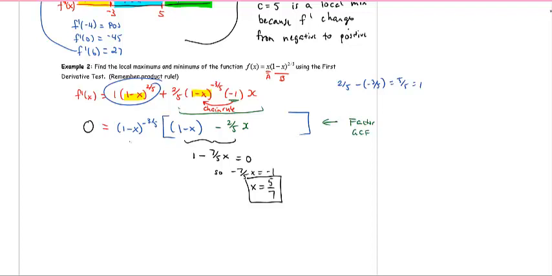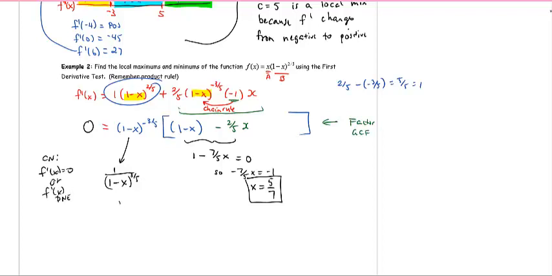You might be thinking, I might make this equal 0 too. Well, remember, this is a negative exponent, so that's 1 over 1 minus x to the positive 3/5. And I can't really make that equal 0 because it's 1 divided by something. But remember, critical numbers occur when the derivative equals 0 or when the derivative, that's right, does not exist.